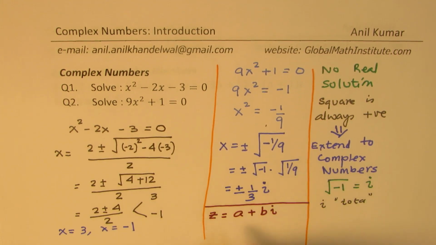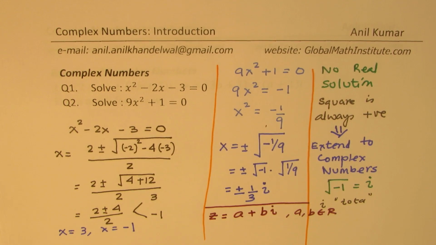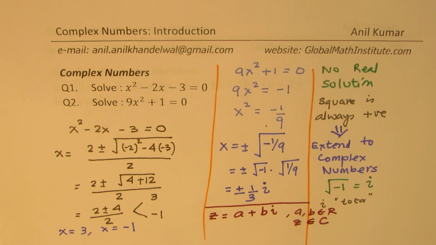Here, a and b are both real numbers, iota is the square root of minus 1, so a and b belong to the set of real numbers. Is that correct? And z is our complex number. z belongs to the set C, the complex numbers. Is that clear to you?